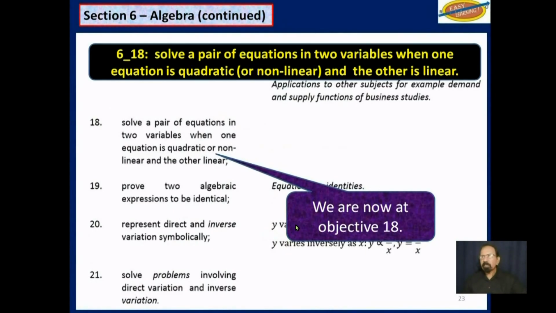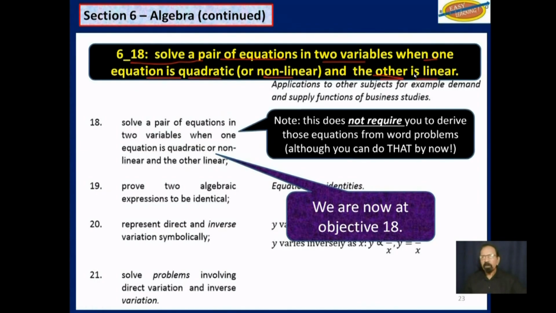So objective 18 says, solve a pair of equations in 2 variables when one equation is quadratic or nonlinear and the other is linear. Note that this objective does not require you to derive those equations from word problems, although by now you can do that.